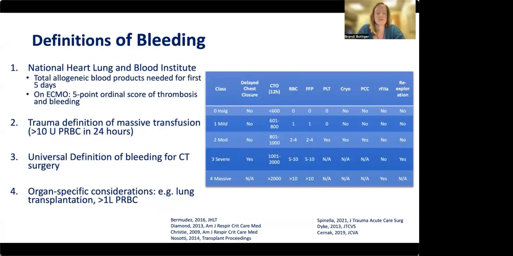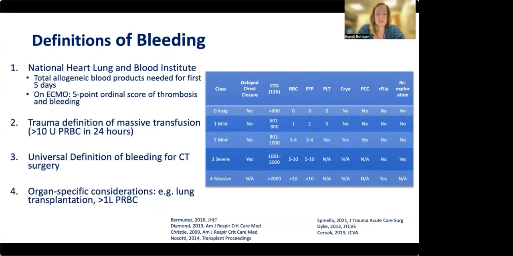Historically, I think we've really focused on the definition of massive transfusion as being more than 10 units of red blood cells in 24 hours. This spans across various surgical populations and is a pretty well understood metric. The universal definition of bleeding for cardiac surgery has been published on the right, and that was by Dyke et al. in 2013.